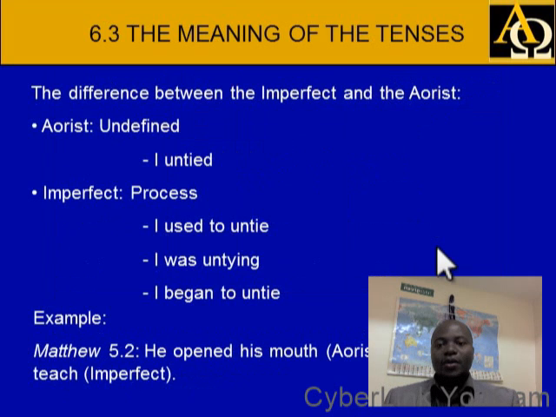The difference between the imperfect and the aorist: aorist is undefined, I untied. Imperfect is process, I used to untie, I was untying, I began to untie. So like in Matthew 5:2, he opened his mouth and began to teach. Opened his mouth is aorist, began to teach is imperfect.